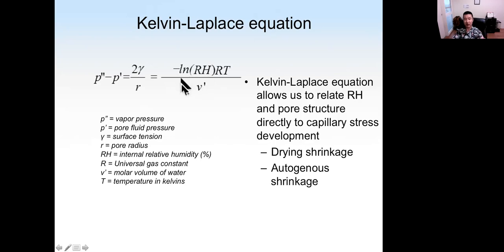So that means when we reduce RH, it will increase the shrinkage stress. So using the Kelvin-Laplace equation, we can quantify how much shrinkage stress the concrete will experience, and this is useful for both drying shrinkage and autogenous shrinkage.